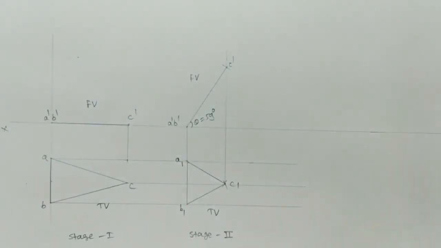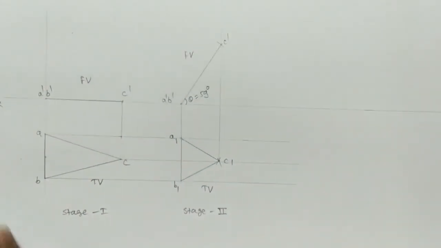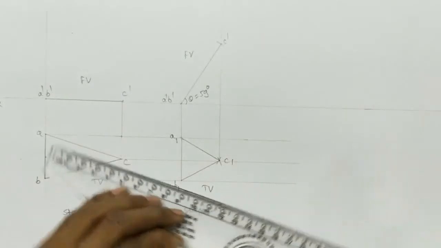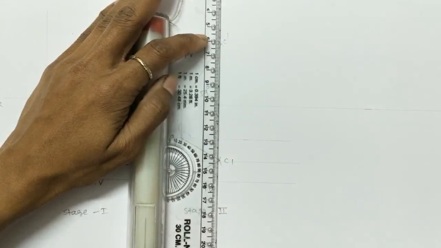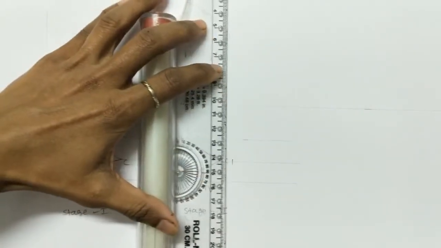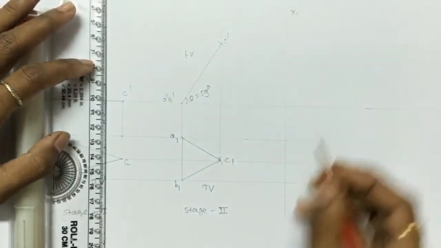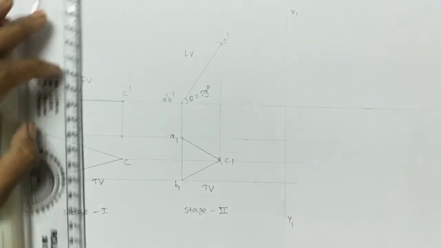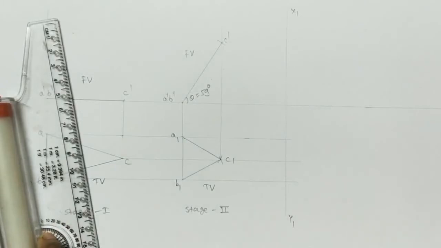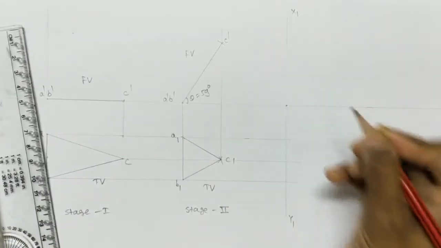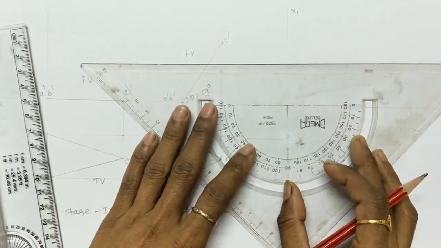Now it is given that we have to draw 3 views, so we have to draw the side view also. For the side view, I will draw an XY line. So X1, Y1, the XY line we have already drawn. So the vertical line is X1, Y1, and from this point measure a 45 degree angle for projection.